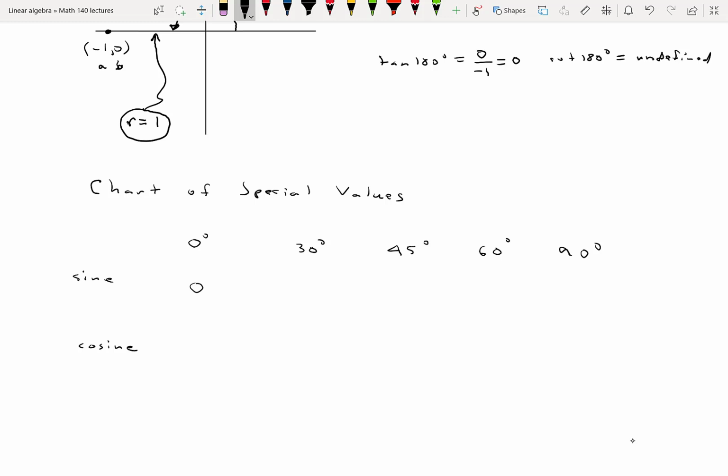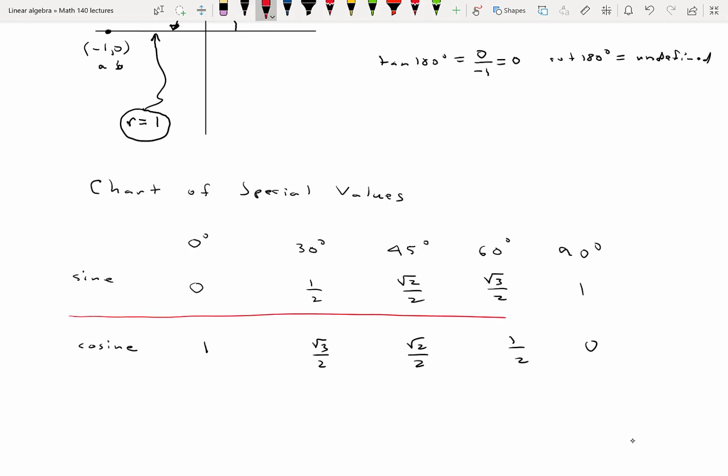You have 0, 1/2, radical 2 over 2, radical 3 over 2, and 1. Then in reverse order we have 1, radical 3 over 2, radical 2 over 2, 1/2, and 0. So this is stuff we have from our past.